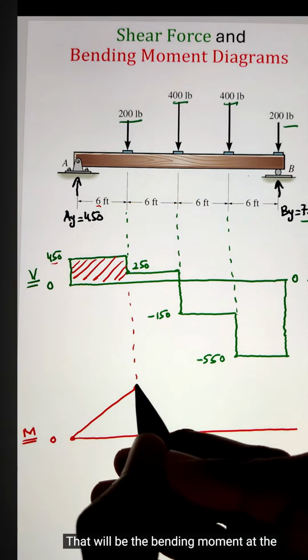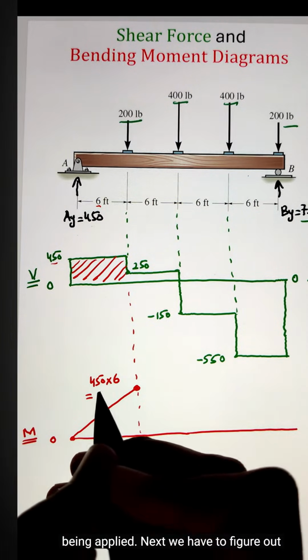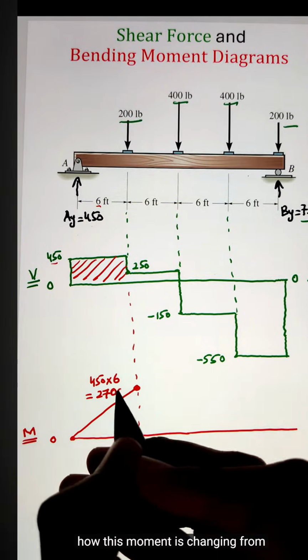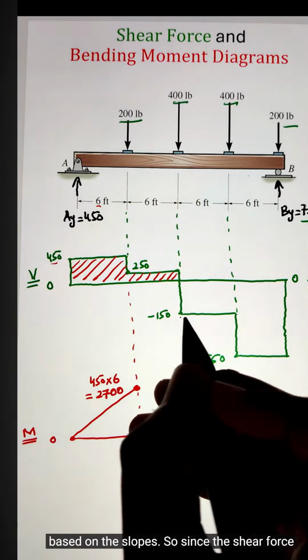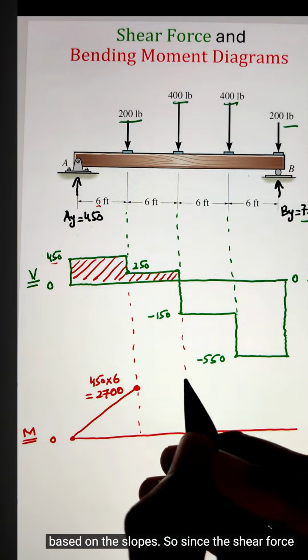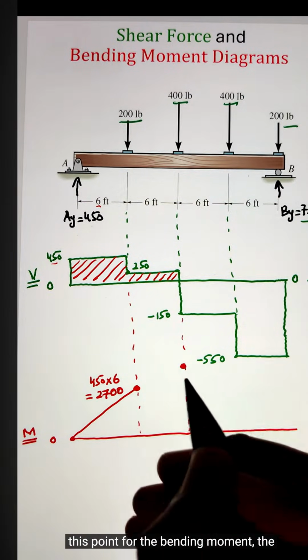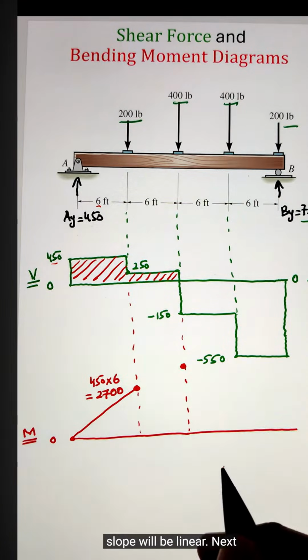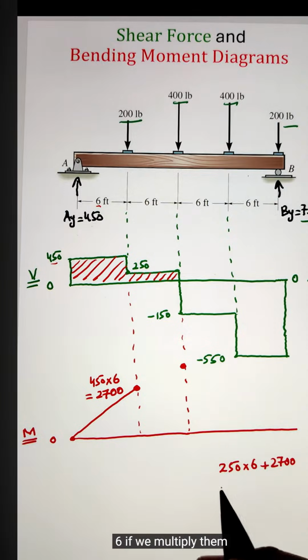That will be the bending moment at the location where the 200 pound load is being applied. Next, we have to figure out how this moment is changing from 0 to 2700, and we figure that out based on the slopes. Since the shear force diagram has a slope of 0 at this point, for the bending moment the slope will be linear. Next, we have an area of 250 times 6.